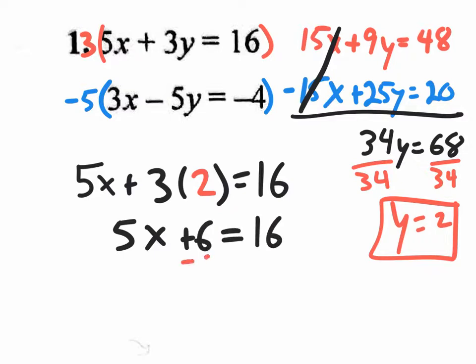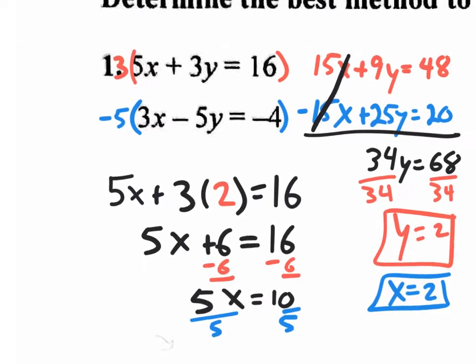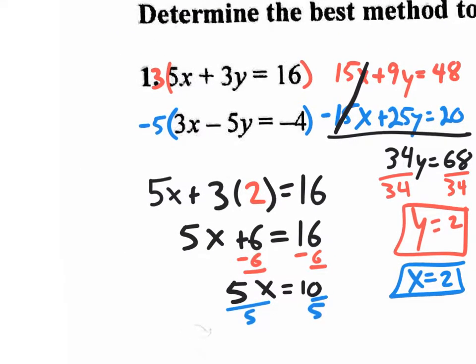So I'm going to have to subtract 6 on both sides. New equation is 5x equals 10, which means that when you divide by 5 and you divide by 5, your x value is 2. So your answer to number 1 is the coordinate 2, 2.